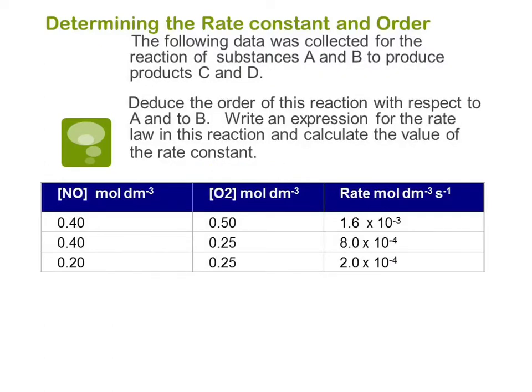Here's a sample problem then. We want to determine the rate constant and the order of the reactants. In terms of this problem, A is our NO and B is our O2. We then want to figure out an expression for the rate law and figure out the value of the rate constant.